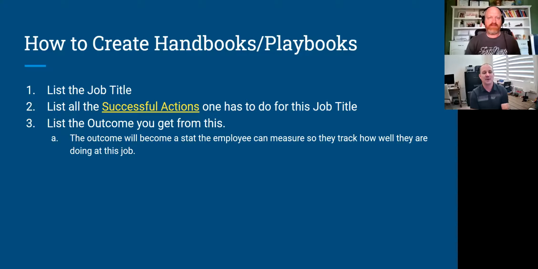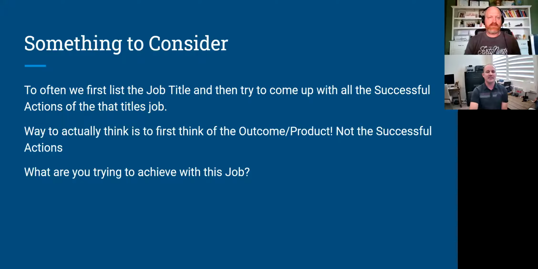And then what I want to run through here, just real briefly, is how you go through this process and create a more in-depth playbook or handbook for your company. For sure. Something to consider when you first do this is that too often we list the job title and then try to come up with all the successful actions of that job title.